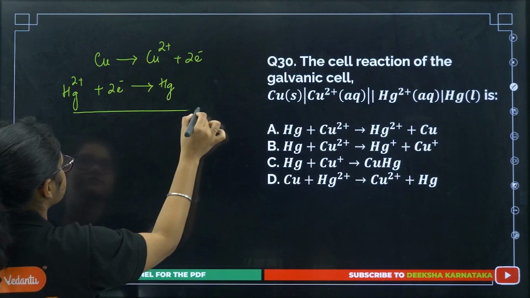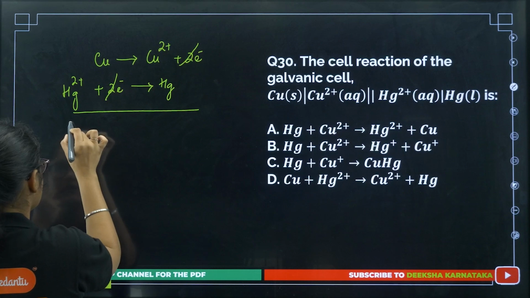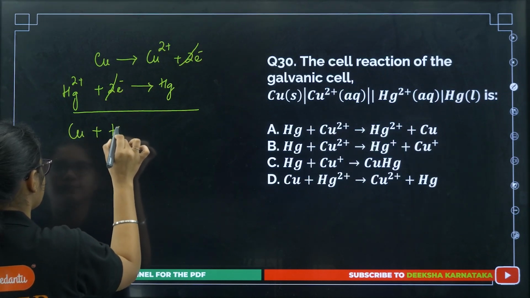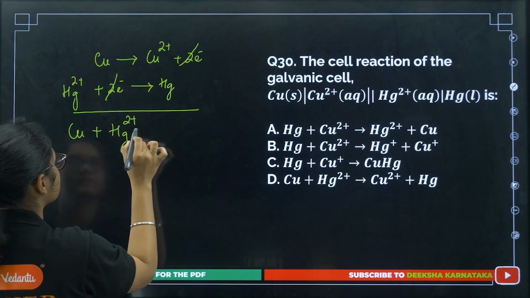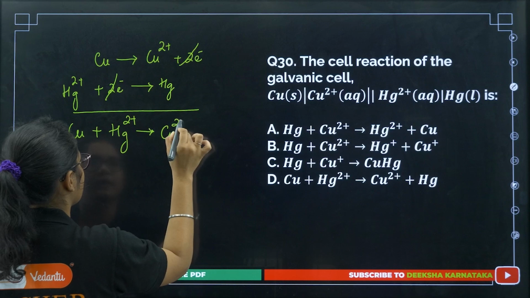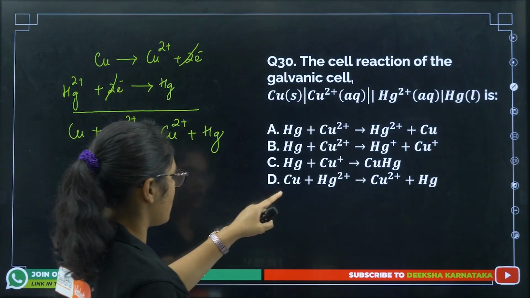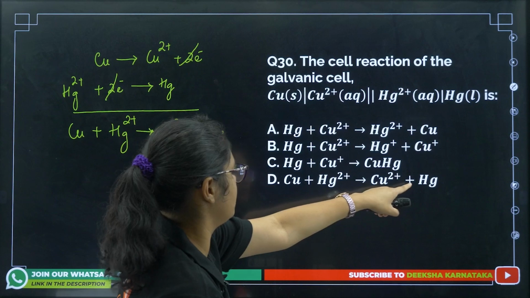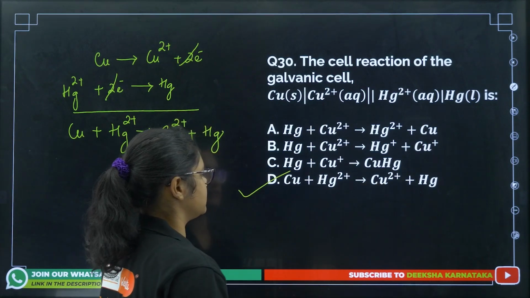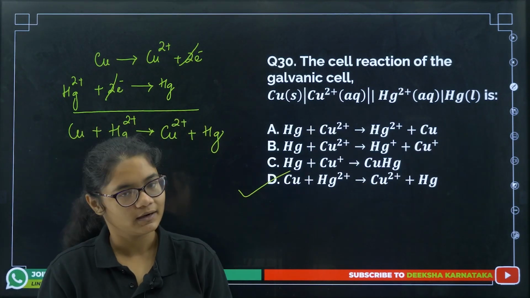Now if I add these two equations, the electrons will get cancelled. So I will get copper plus Hg2+ gives Cu2+ plus Hg. The correct answer for this question will be option number D.